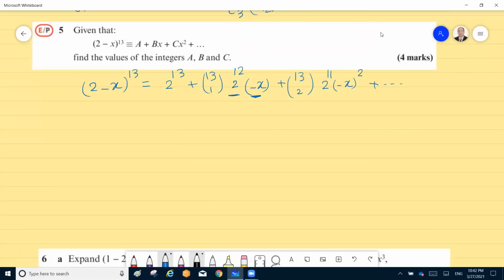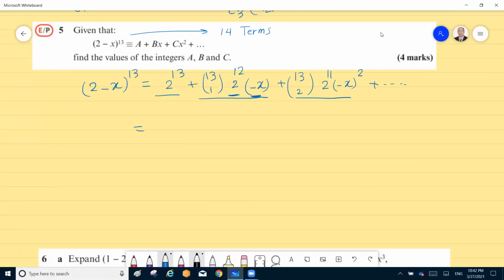One term decreases its power, one term increases its power. And so on; we have 9 more terms because the expansion of a binomial with power 13 gives you 14 terms. I have only the first 3 terms. Now simplify these values to get the coefficients a, b and c.